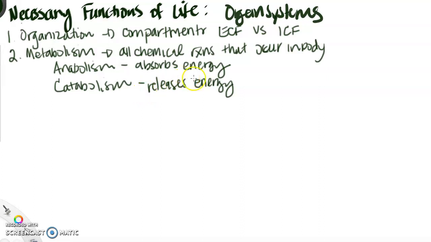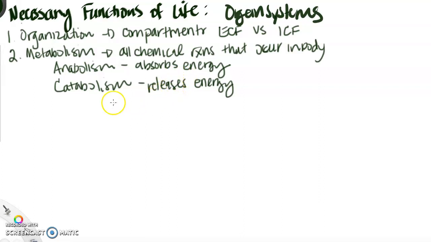So the basic function of any organism is to bring in molecules that it can convert into fuel, energy, and build up its cells. We need to be able to get rid of old cells and build new ones and sustain our functions.